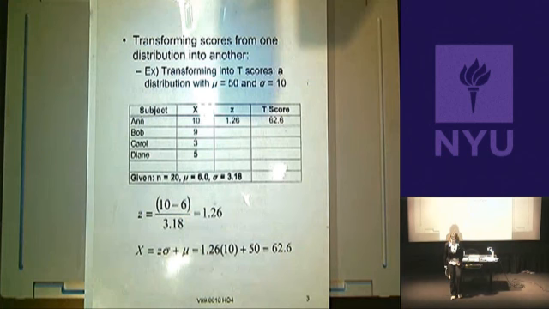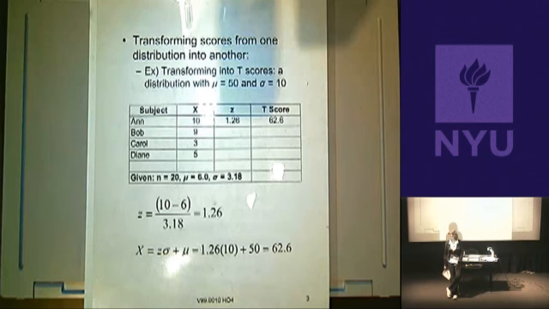Here's another example. Let's say I develop an IQ test, and I make it out of 50 points. But typically, IQ is expressed with a mean of 100 and a standard deviation of 15. So if I want my IQ test to be comparable to everybody else's, I might take my values and express them in this new distribution with a mean of 100 and a standard deviation of 15.